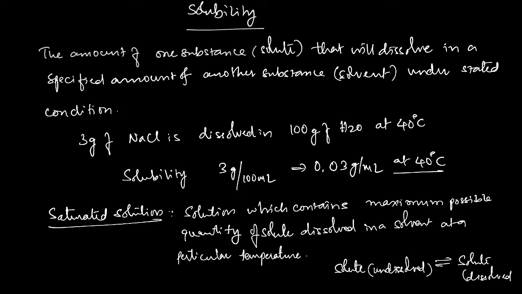When we add excess of a solute in the solution, then that does not get dissolved, and at that condition we write that solute in undissolved condition is in equilibrium with solute in dissolved condition. Such a solution, which has just sufficient quantity of solute, is a saturated solution.